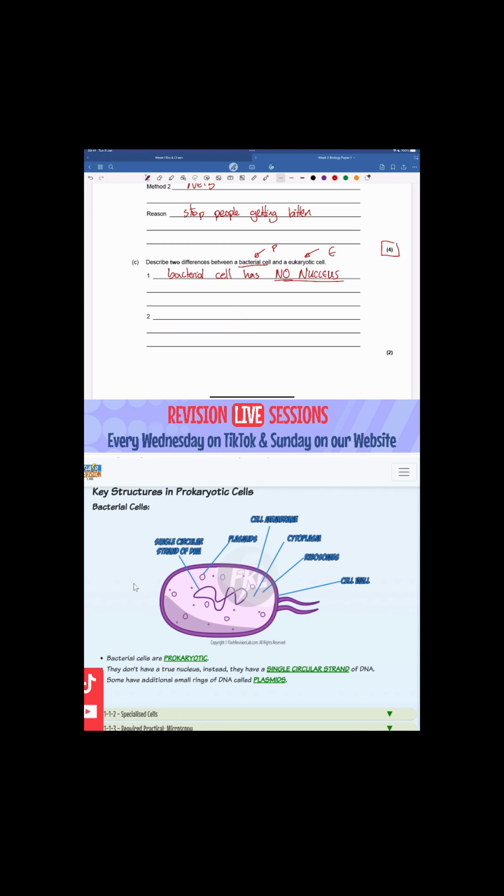And you can also say bacterial cells have plasmids. Yeah, you can talk about size as well. The eukaryotic one is much bigger. Flagellum. In AQA, you don't learn about flagellum, but that is right.